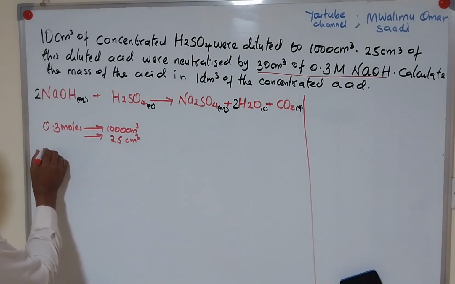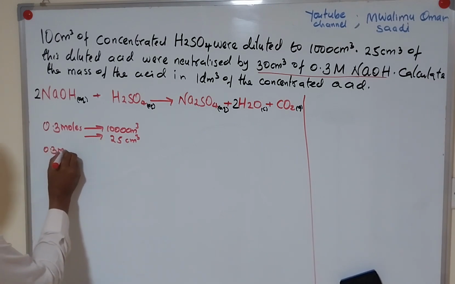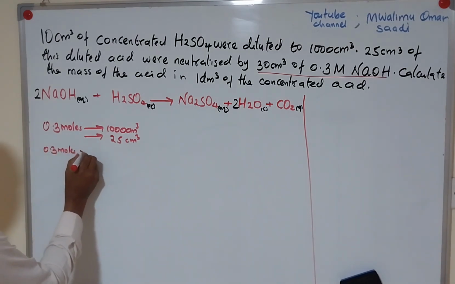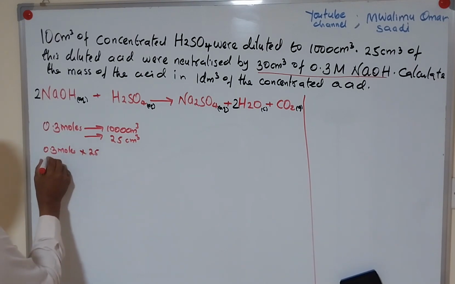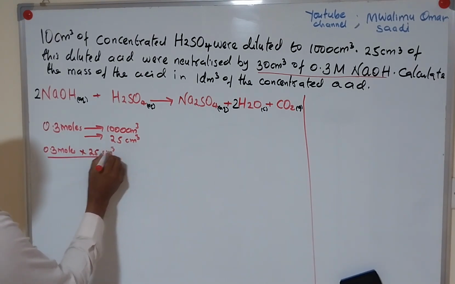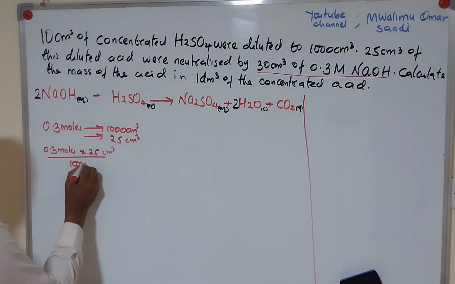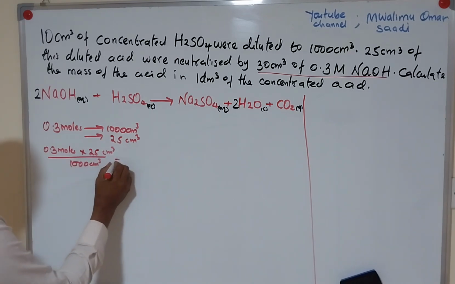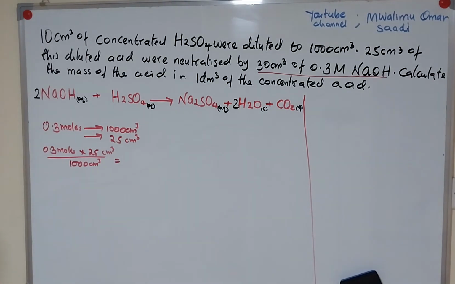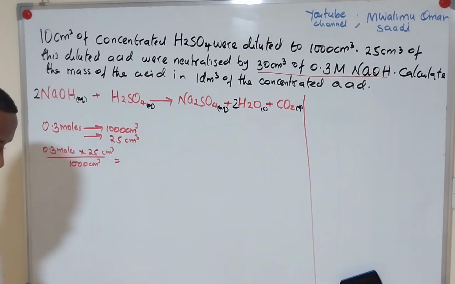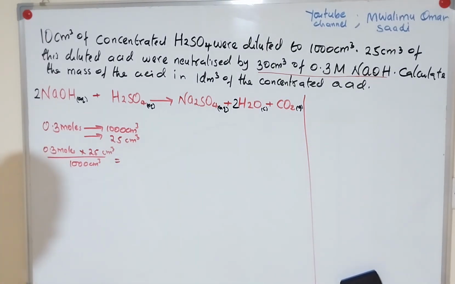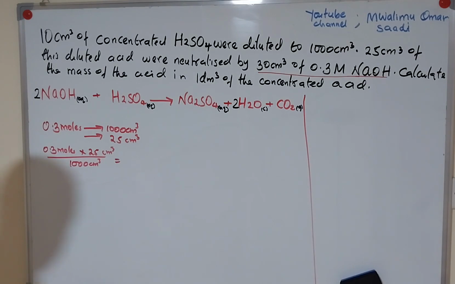So that is 0.3 moles times 25 all over 1000, like that. So that will be 0.3 times 25, and then not 25, 30. Sorry for that.